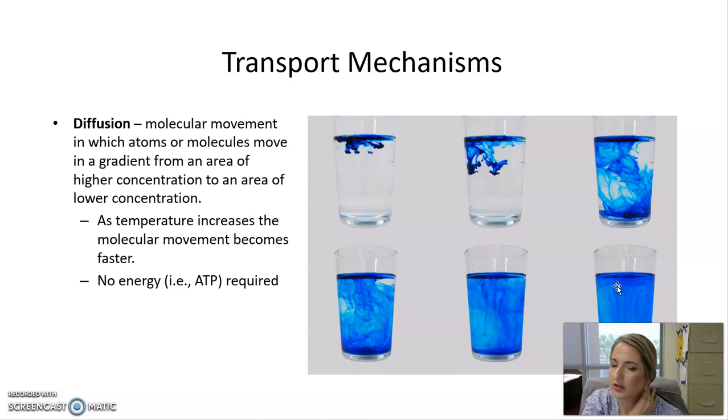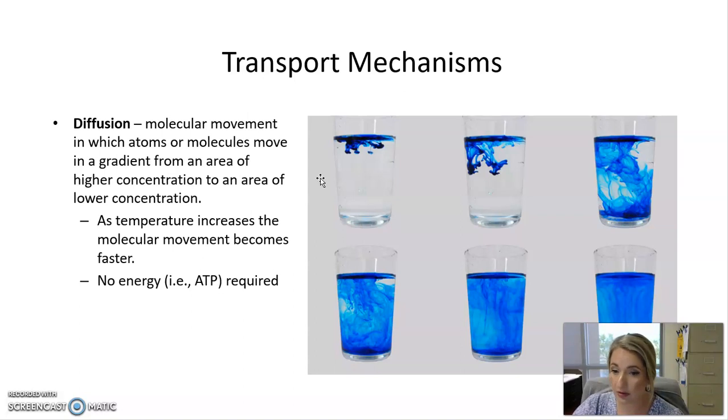One important thing to remember about diffusion is that it does not require ATP, or energy, because you're moving molecules from high to low. At the same time, temperature can speed up the process. If we increase the temperature of this glass of water, the blue dye would diffuse much faster, so we would get to equilibrium much faster.